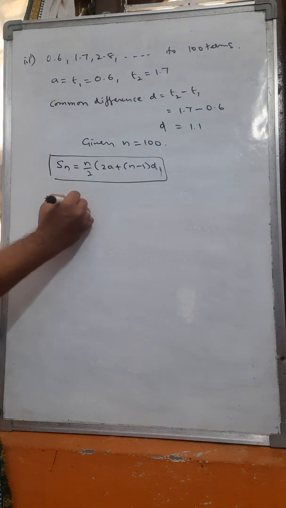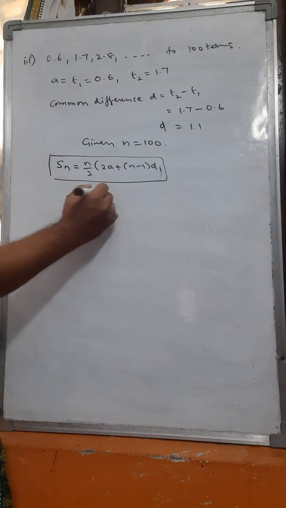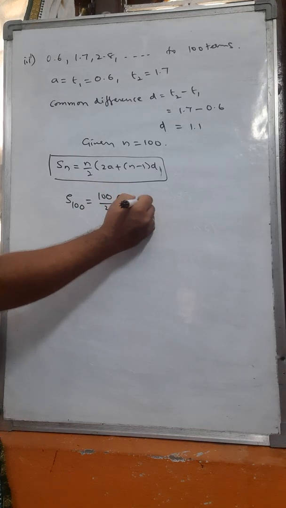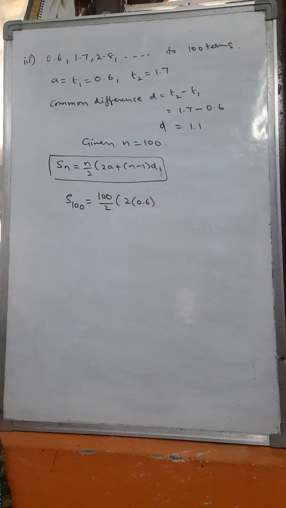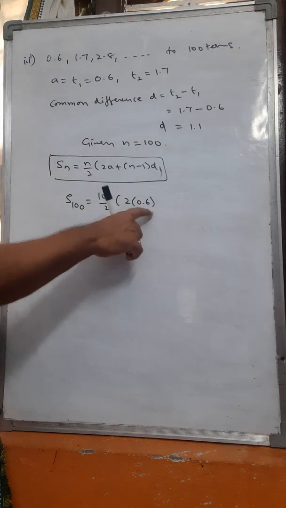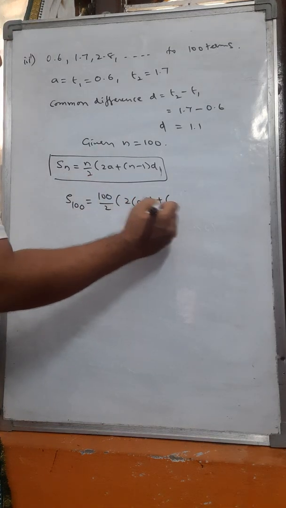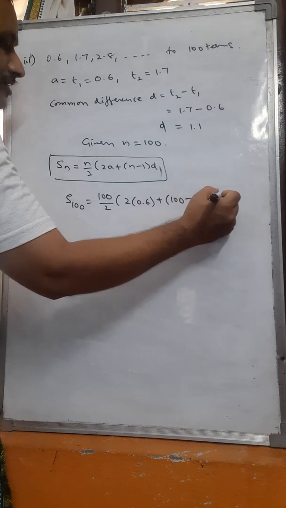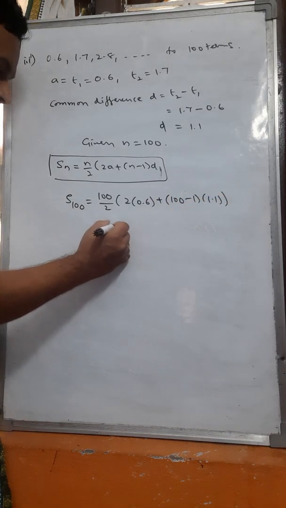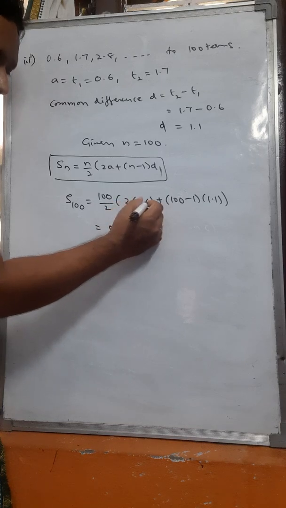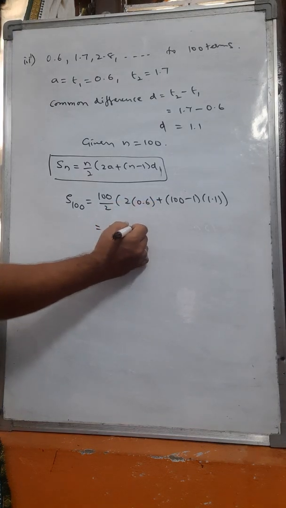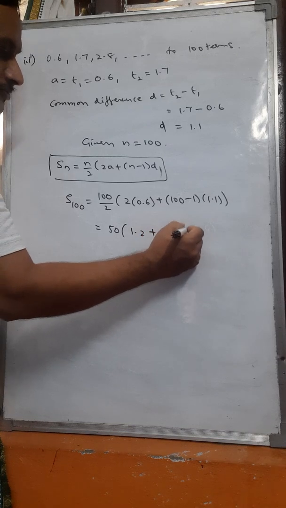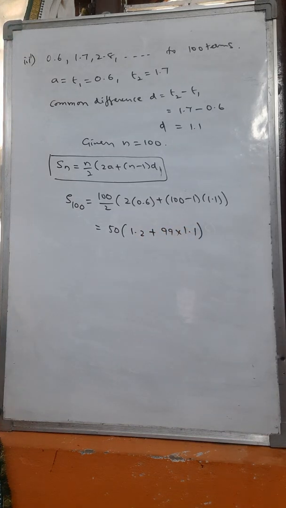So S100 is equal to 100 by 2 into 2 into 0.6 plus 100 minus 1 into 1.1. A is equal to 0.6. That is equal to 50 into 1.2 plus 99 into 1.1.